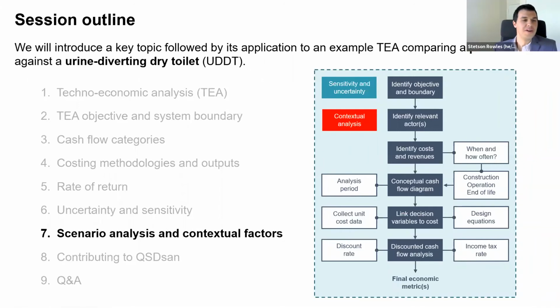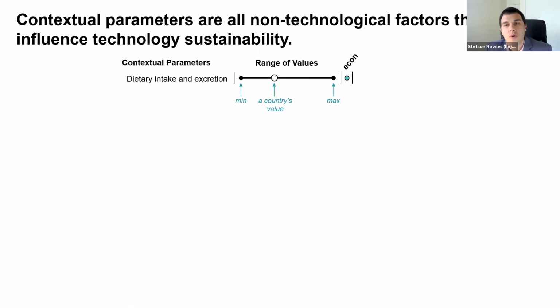So now we'll be talking about scenario analysis and contextual factors and how these can change our results that you've seen so far. So contextual factors or parameters are non-technological factors that influence technology sustainability. And you can see in this figure that dietary intake and excretion is our contextual parameter listed on the left, and it has a range of values.